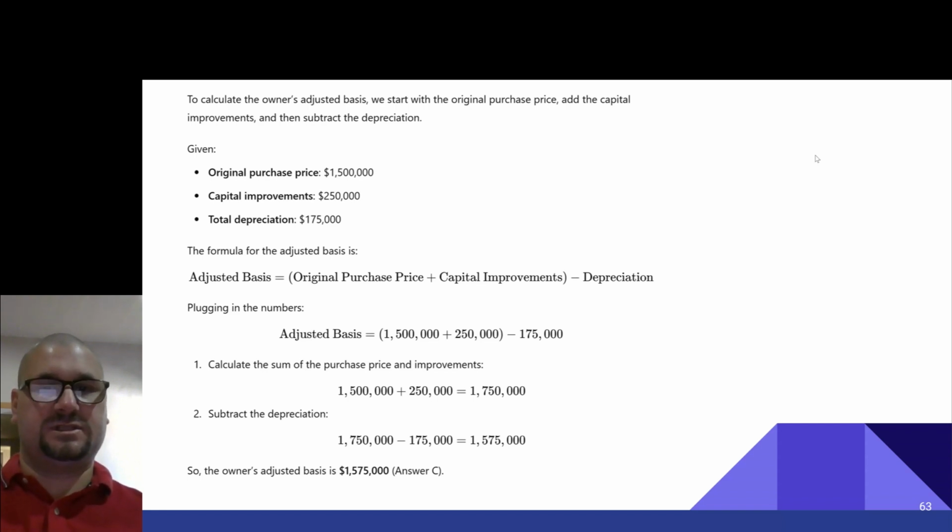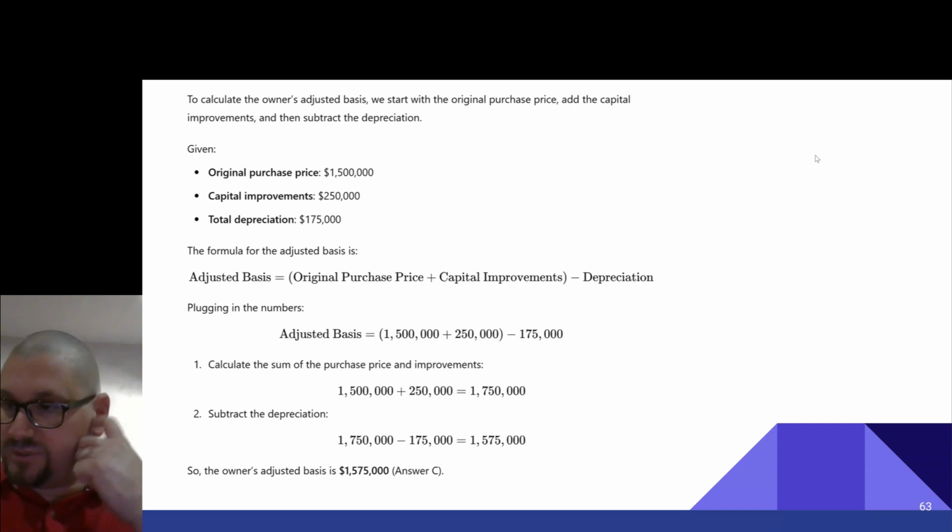That'll give you your adjusted basis. You calculate the sum of the purchase price and improvements, you subtract the depreciation, and you're left with 1.575 million. Just one equation: adjusted basis is the original purchase price plus the capital improvements minus the depreciation.